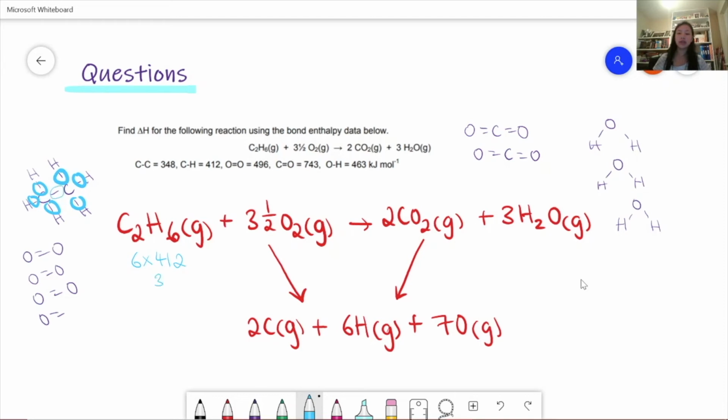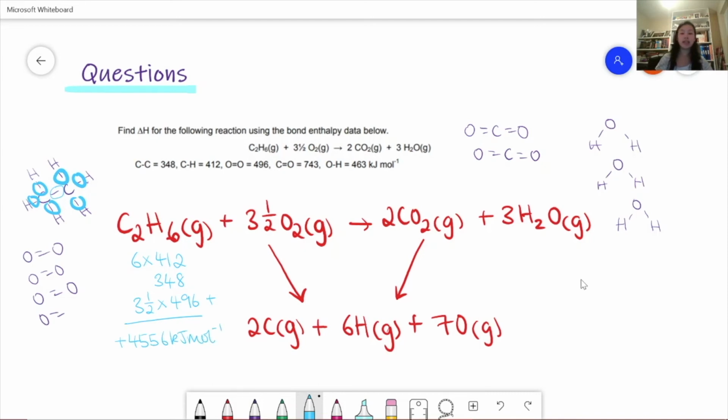So we add on 348. And then we also add on these ones here. So there's 3.5 of these 496 oxygen double bonds. So we add on 3.5 times 496. And that comes out to be plus 4556 kilojoules per mole.